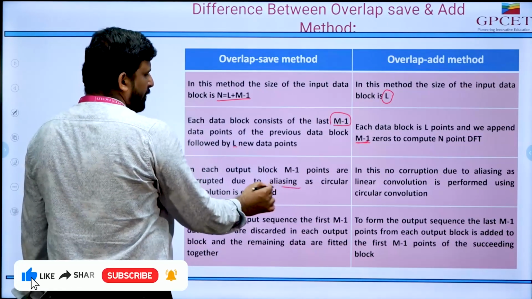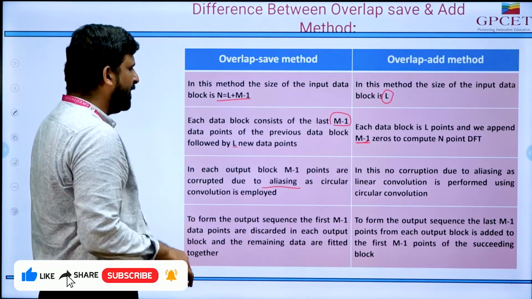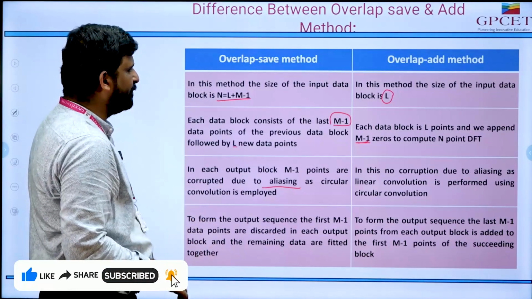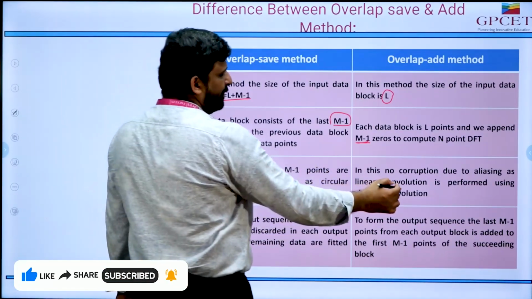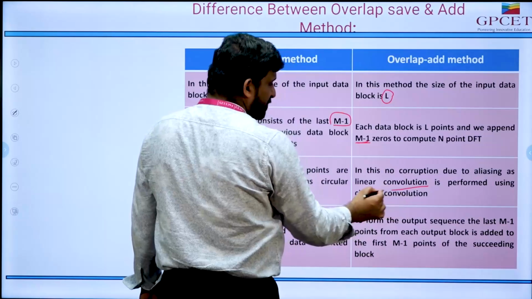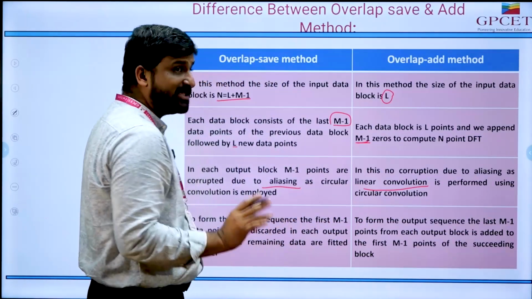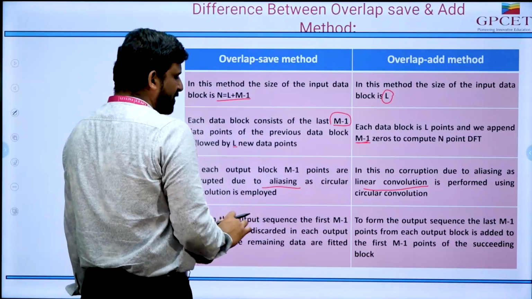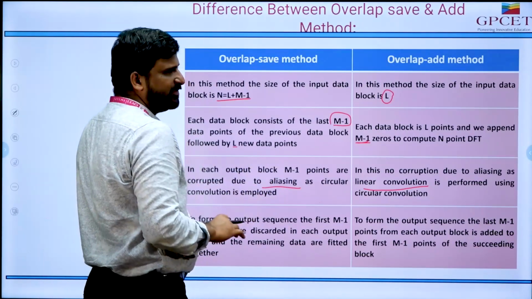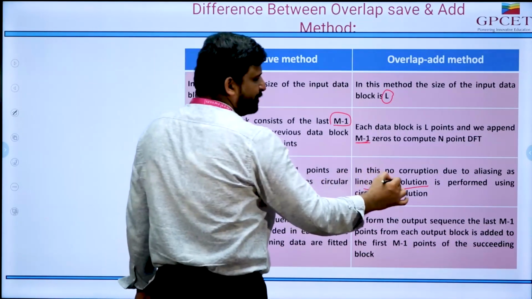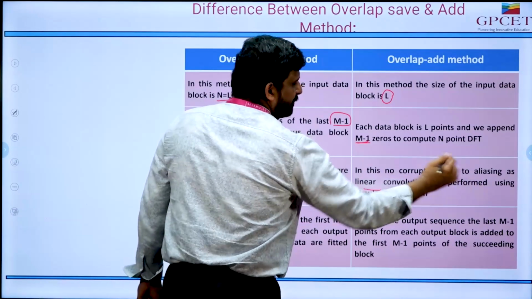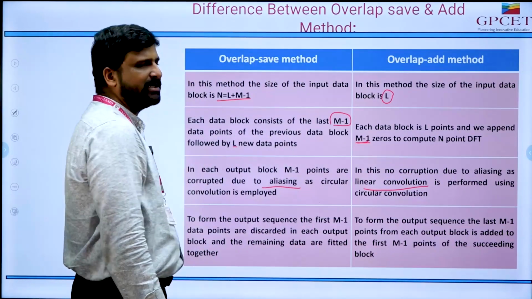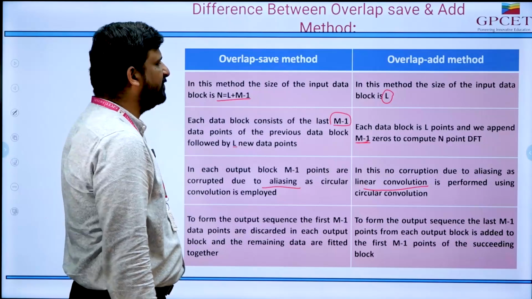This is the main drawback present in the N-point method, as circular convolution is employed. But in this method, no corruption will happen. Why? Because here we use linear convolution by using circular convolution. In the other method we are using only circular convolution, so some aliasing effect will happen. But with linear convolution using circular convolution, there will be no aliasing effect.